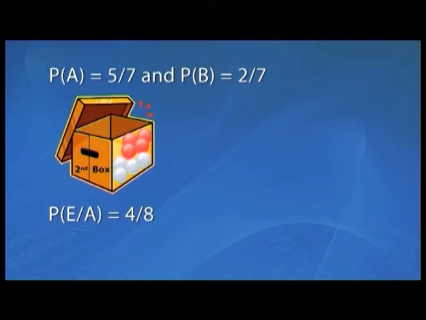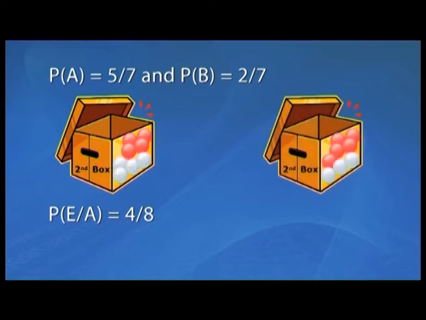Then P of E given A is equal to 4 by 8. If one red ball is transferred to the second box, then there will be 3 white and 5 red balls. Therefore, P of E given B is equal to 5 by 8.